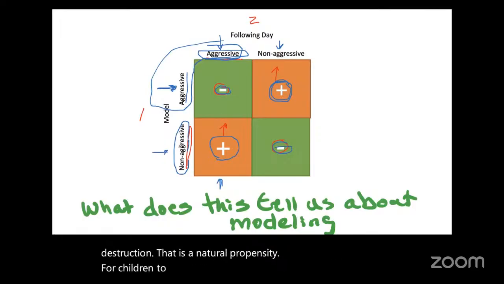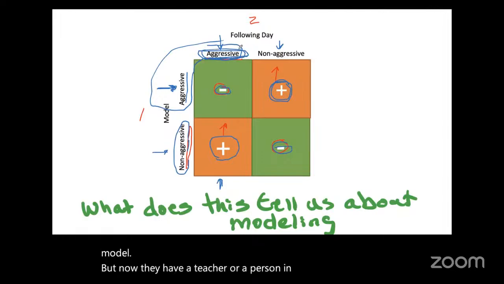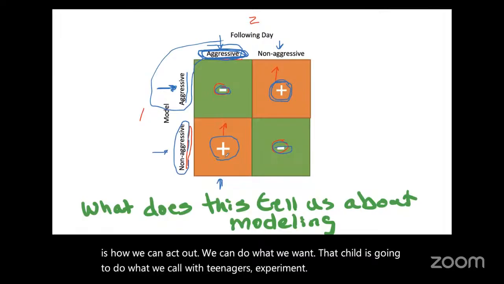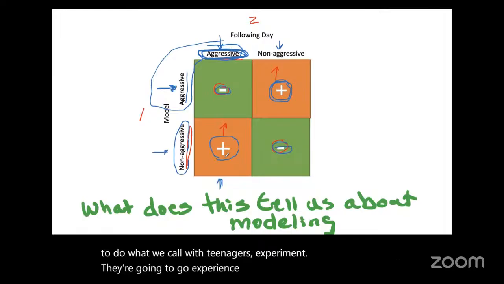If they're put out of that non-aggressive model, but now they have a teacher or a person in their life going, hey, this is how we can act out, we can do what we want, that child is going to do what we call with teenagers, experiment. They're going to go experience something they haven't experienced.